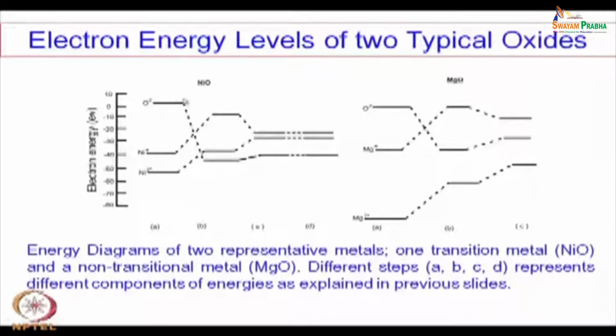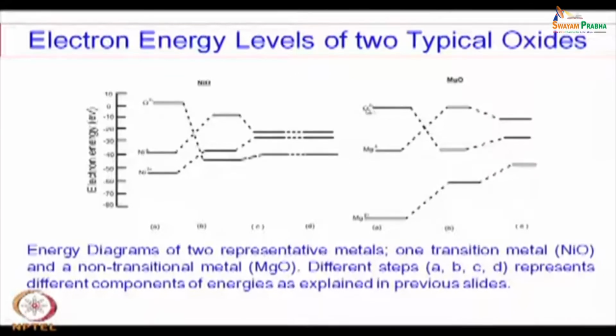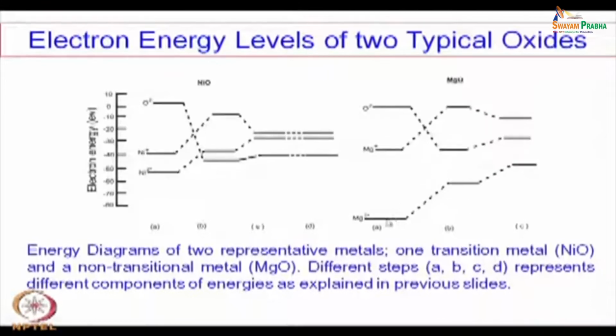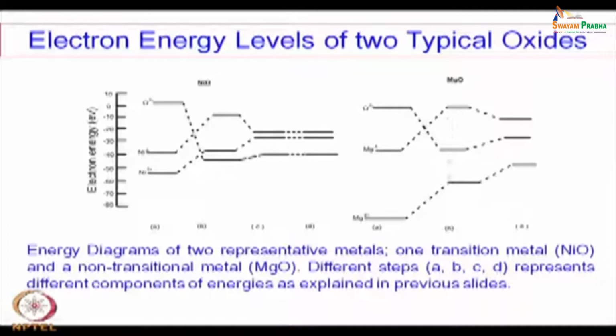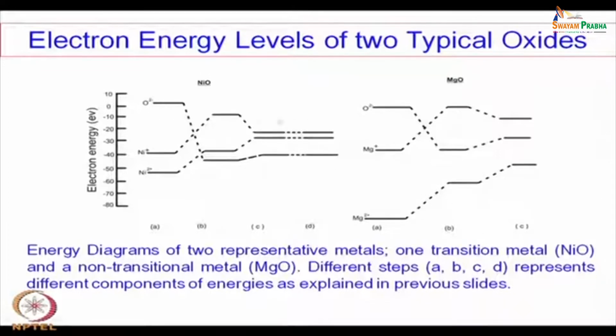Then we add the electron. As soon as we add the electron here, the energy goes down from there to there, and this goes up. The energy level of the oxygen goes up here, whereas the cation energy goes down, the energy level of the electron added to the cation. Then there is a polarization.